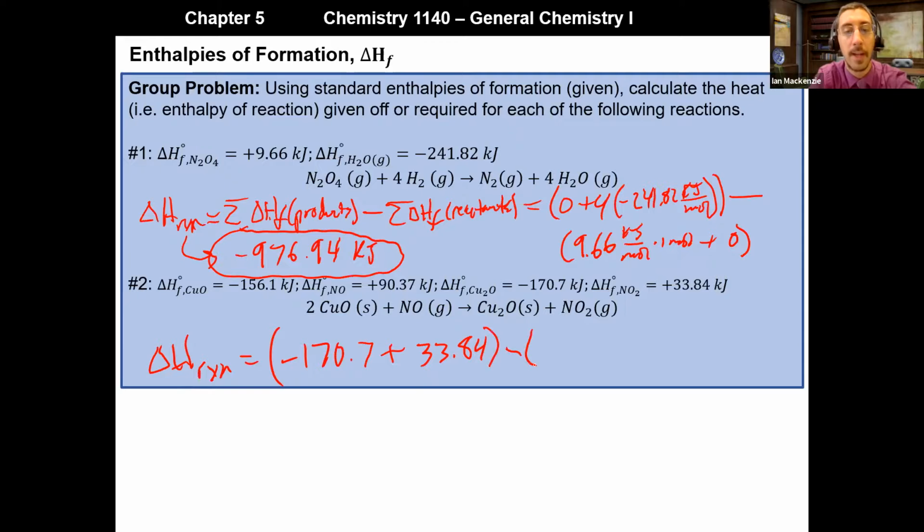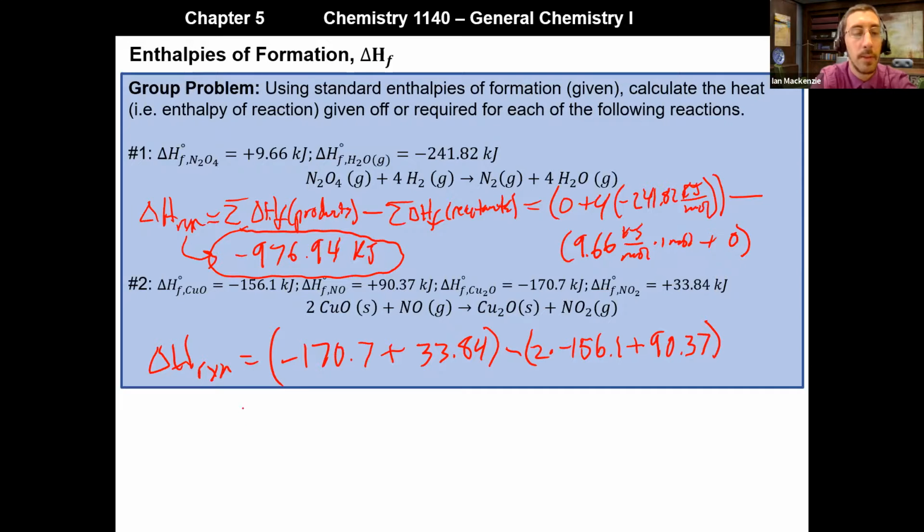And then on the reactant side, we have 2 times CuO is negative 156.1 plus NO is just positive 90.37.